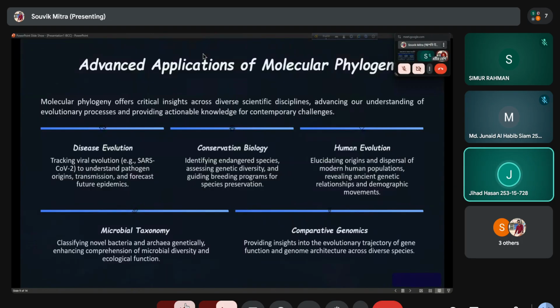In research evolution, we use it to track viral transmissions like SARS-CoV-2. In conservation biology, it helps us protect genetic diversity in species, and it informs human evolution studies and microbiology.